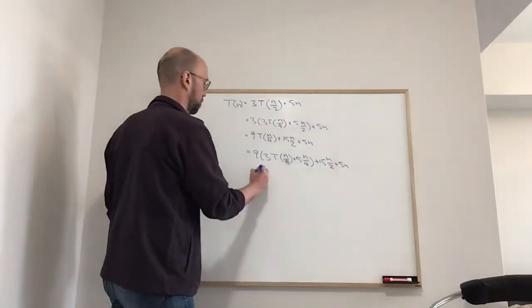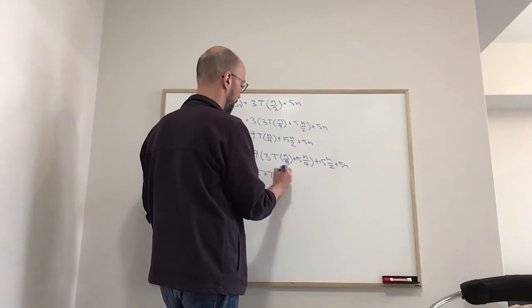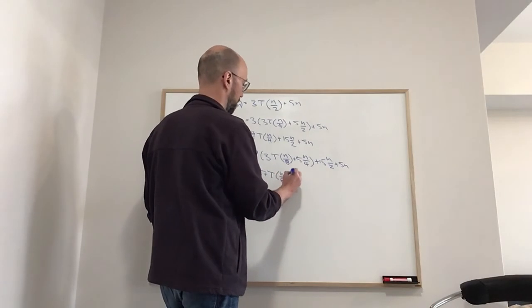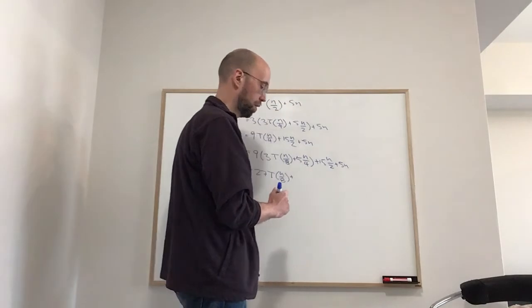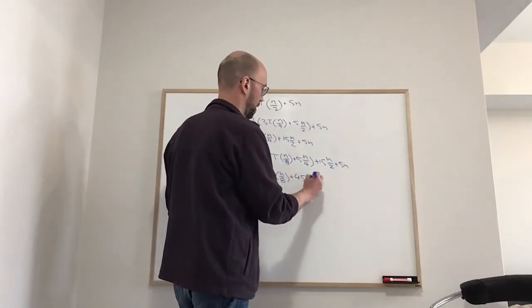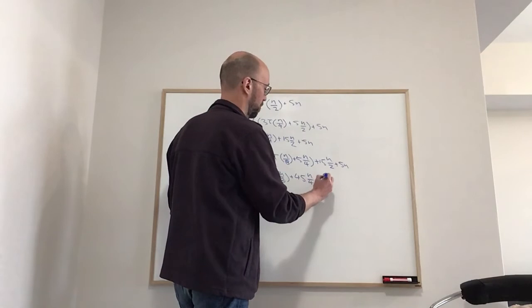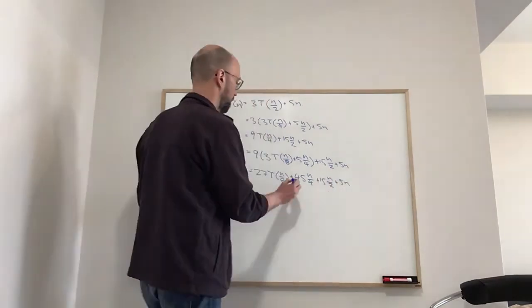So this is 27T(n/8) plus 45n over 4 plus 15n over 2 plus 5n.